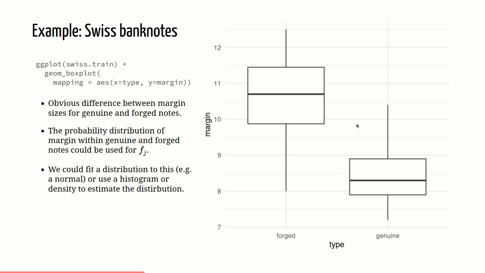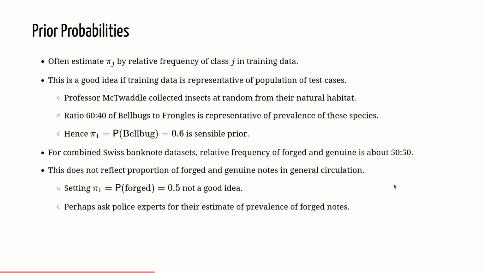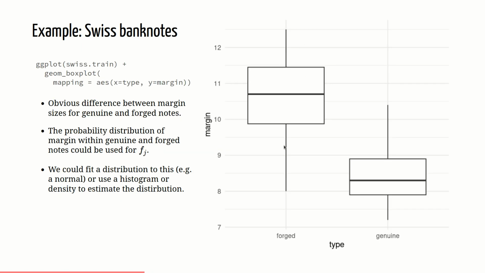So this is F1 and this is F2 from the data that we've observed. It's a box plot of that distribution. We could use a histogram, we could use a density, we could fit a normal distribution to it, and various other things. So that's how we get our distribution probabilities F1 and F2: we fit a distribution to the data that we observe.